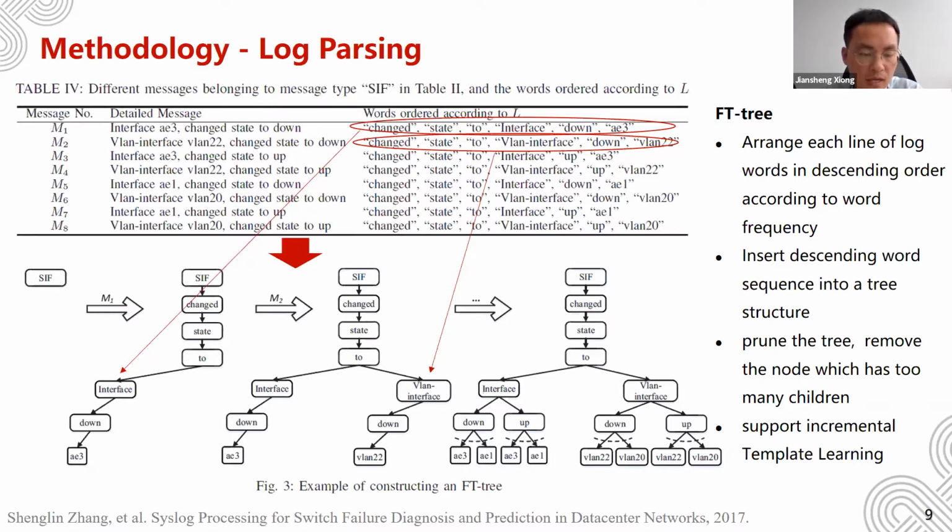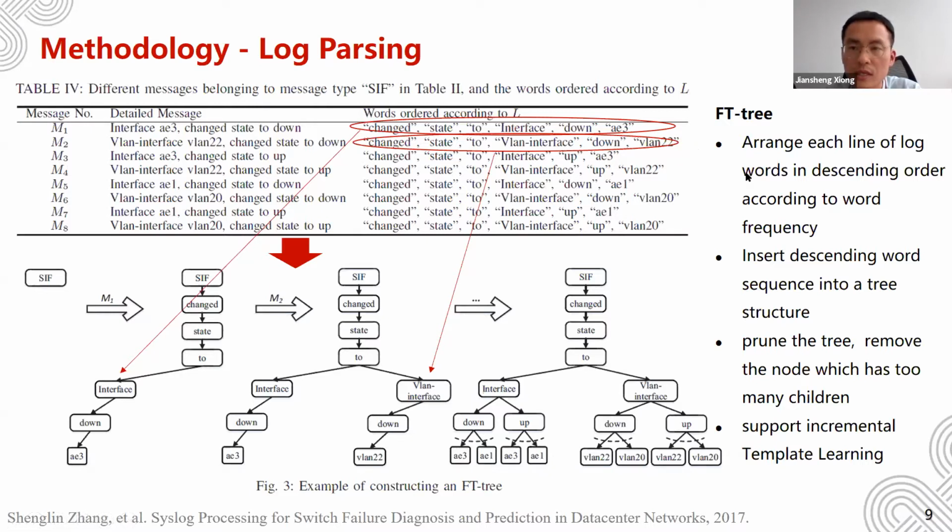The basic idea behind FT-tree is that a log message subtype is usually the longest combination of words with high frequencies, and hence extracting a template is equivalent to identifying such longest combination of frequent words from log messages.